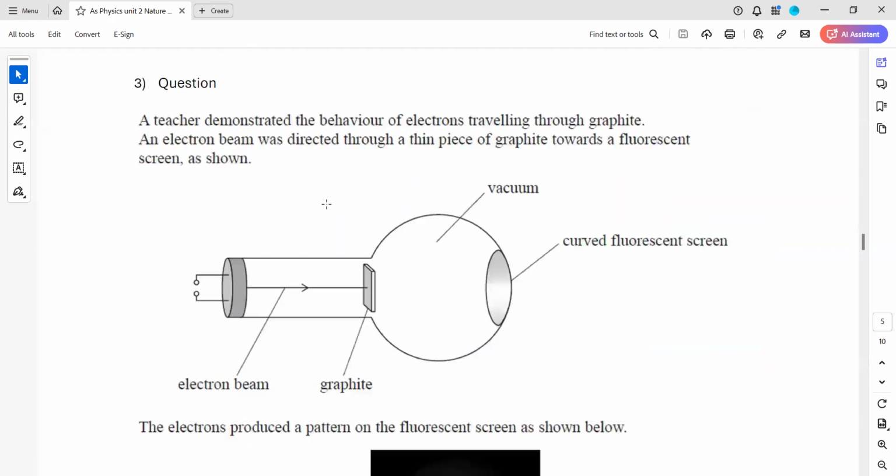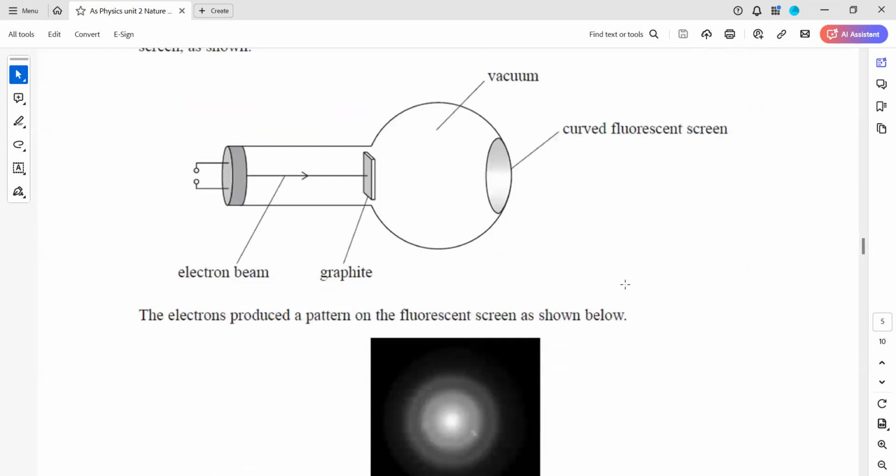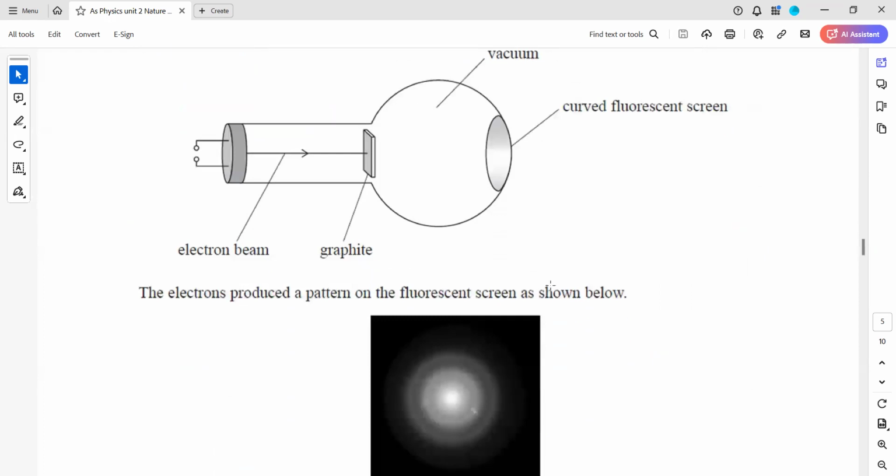Question 3: a teacher demonstrates the behavior of electrons traveling through graphite. An electron beam is directed through a thin piece of graphite towards a fluorescent screen, and we observe a diffraction pattern. Look, if the electron was behaving like a particle, then what should happen? If you remember the Rutherford experiment, most alpha particles were able to pass through, few of them deflected and few bounced back.